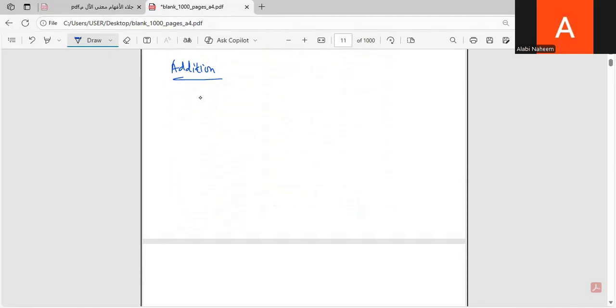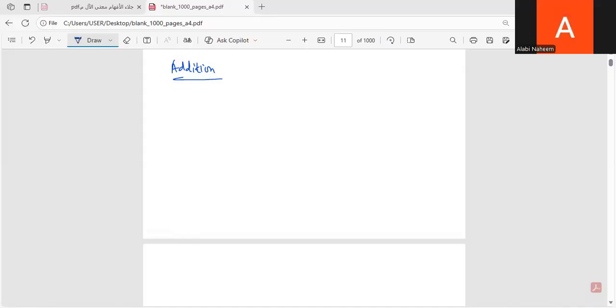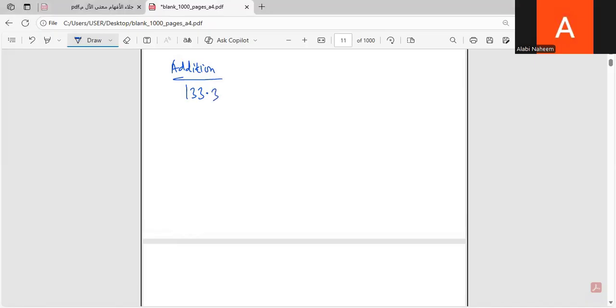For example, we want to add these two decimals. You have to be able to arrange them properly.